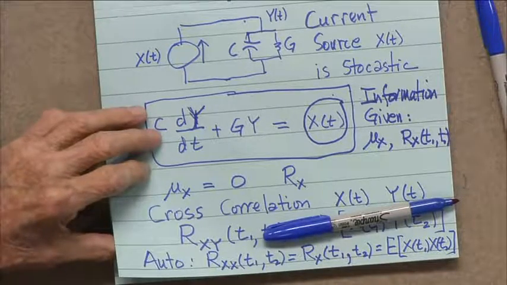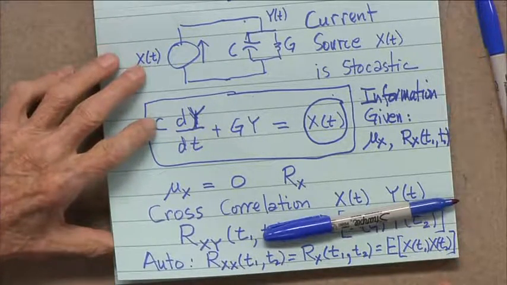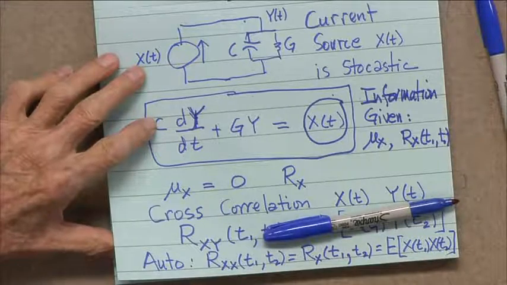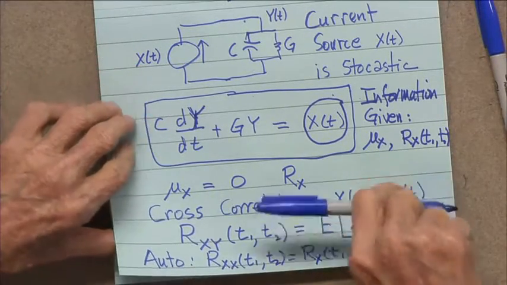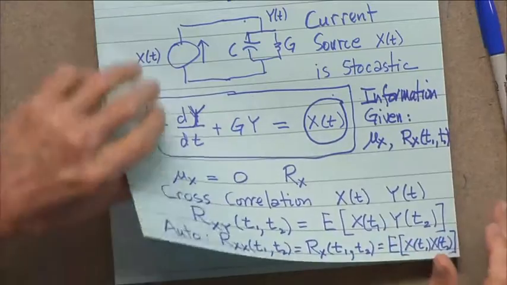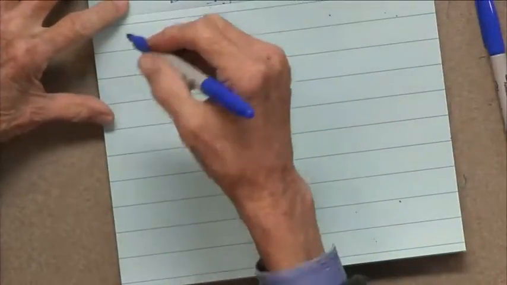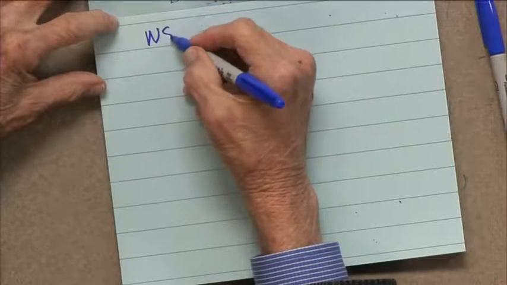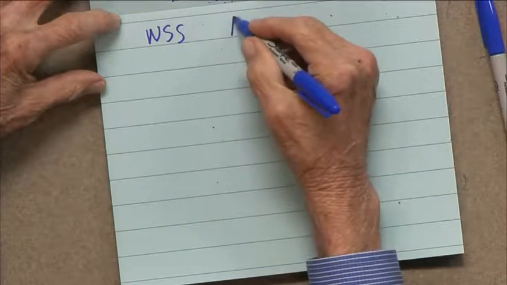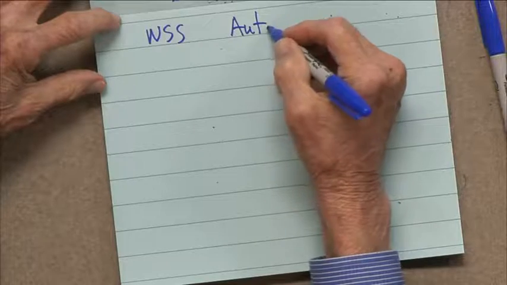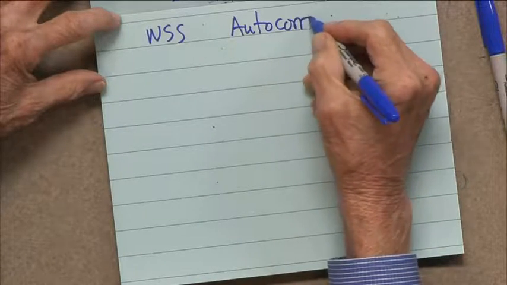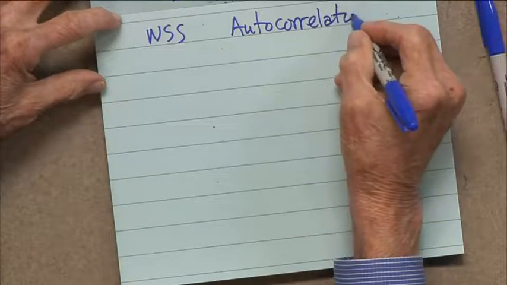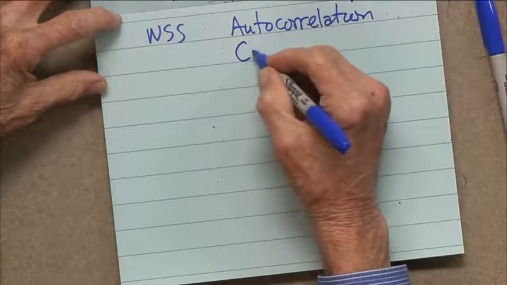Well, what about the other equation that relates to how we find, as we're interested in WSS, autocorrelation, cross-correlation?